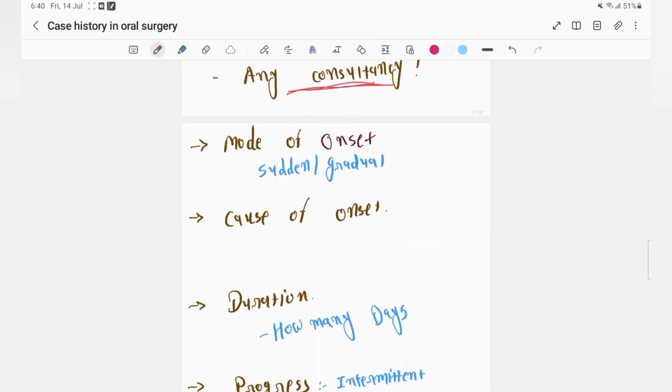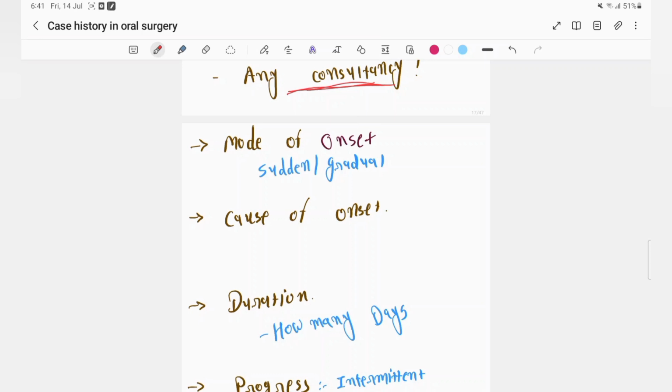Then we have to ask the mode of onset. So what is mode of onset? We have to ask, did this complaint start suddenly or gradually? So the patient will tell you, first I didn't have any pain, then suddenly it started, or gradually it is increasing. So you should know the mode of onset. Then what was the cause of this onset?